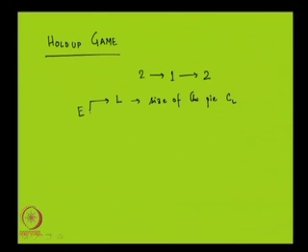And otherwise, E could be high, which means he is exerting high effort, in which case the size of the pie is going to be large. Let us call it CH.